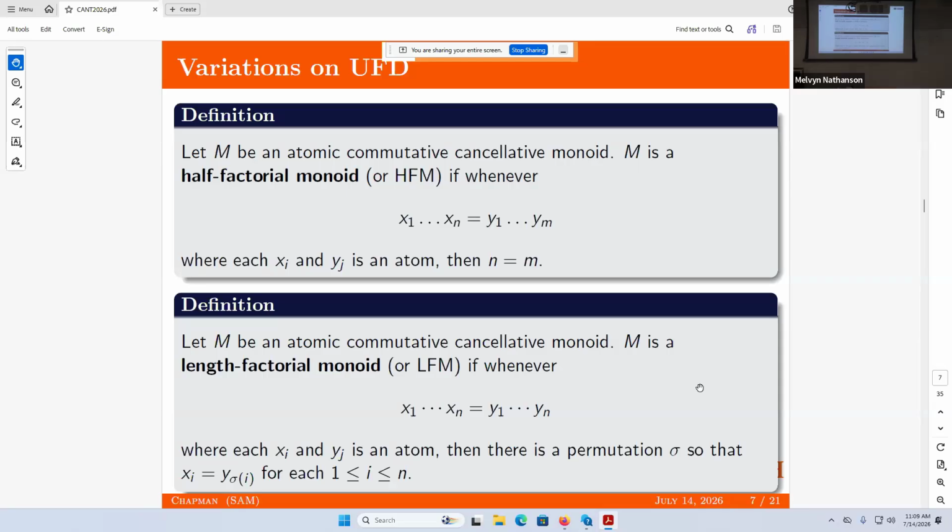Again, you've got this permutation that lines everything up via associates. So these are different things, but the difference is a little bit subtle. If you went back to the definition, the first one throws out number 2, and in some sense, the second one throws out number 1. So, half factorial and length factorial.